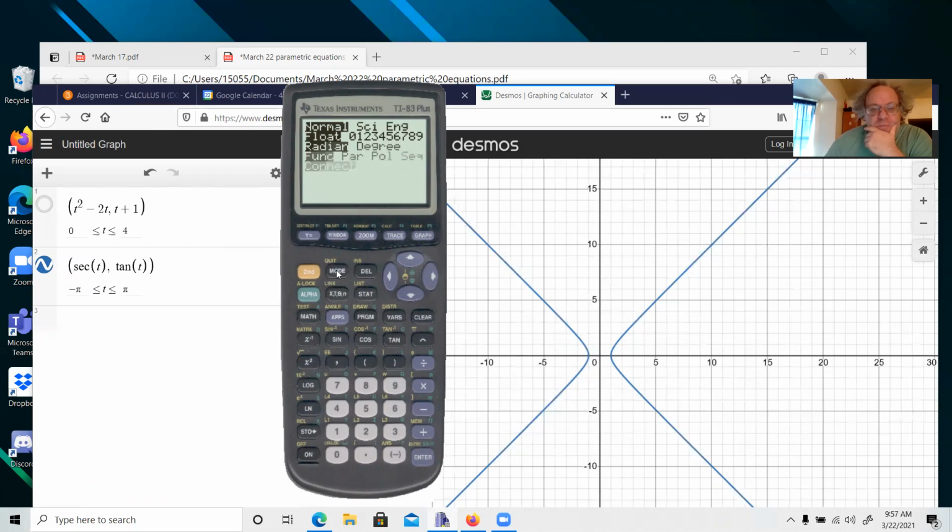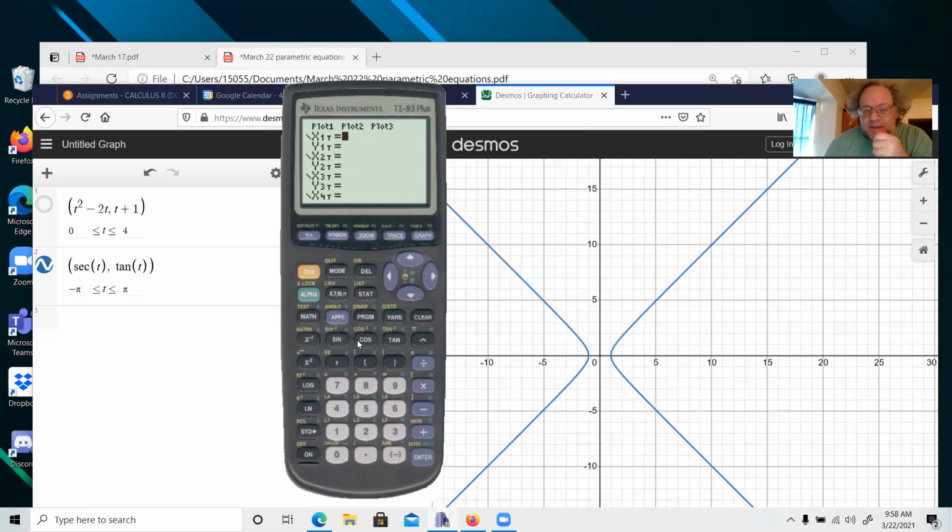So what we're going to do is go to mode. We have to go down to PAR, parametric. Enter, and then we're going to quit. And then we're going to bring up our y equals for our graph, and you can see you get an x and a y here. All right. So for my x, I'm going to write down secant. I'm not going to write down secant. I'm going to write down, oops, I want to delete everything.